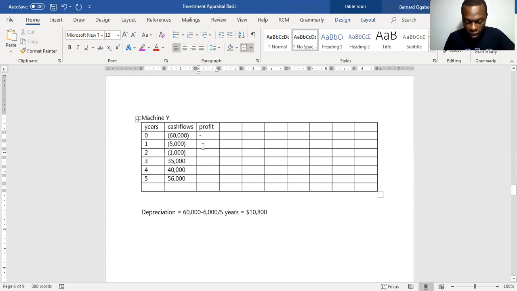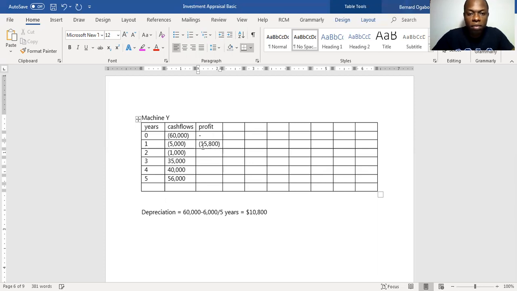So 10,800 negative plus 5,000 negative is 15,800 negative. We have 11,800 negative. We have 35,000 minus 10,800.